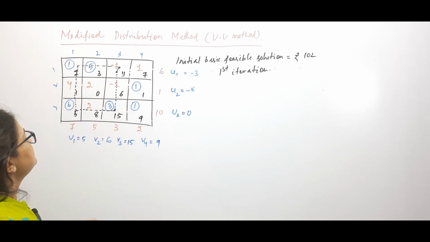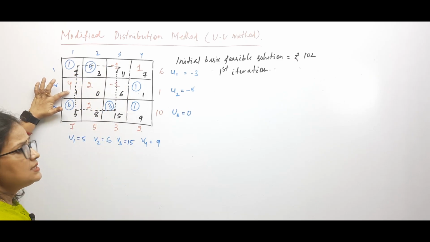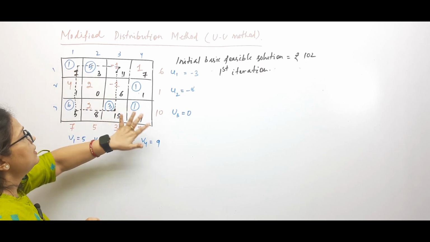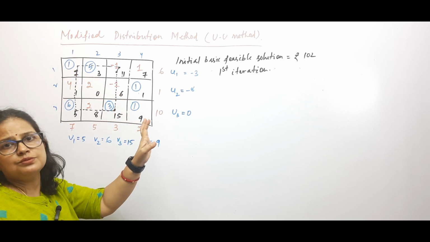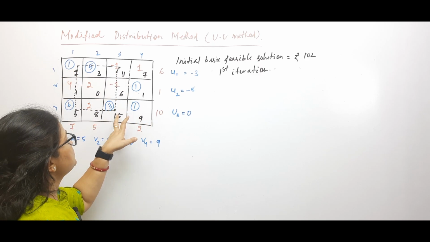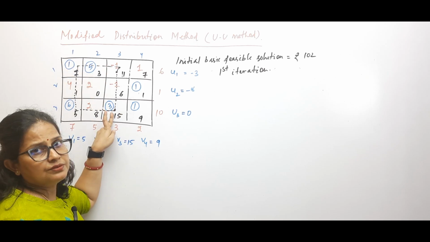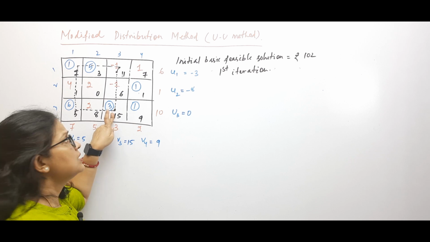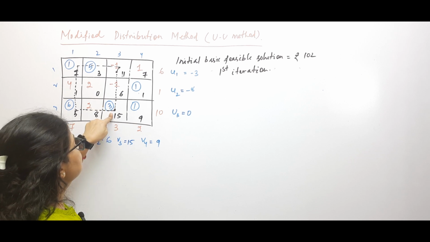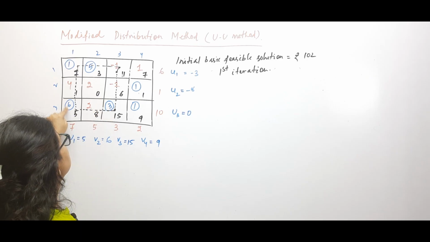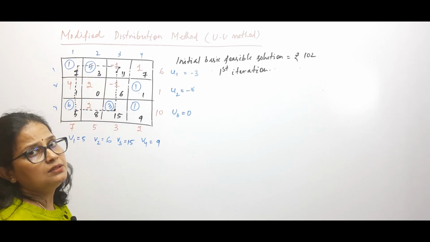Only horizontal and vertical lines can be drawn. Diagonal lines are not permitted for the closed loop. The closed loop should be in a clockwise direction, not anti-clockwise. Every corner needs an allocated cell so that we can complete the loop.